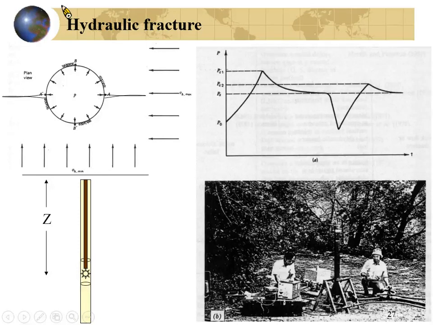What happened? The rock cracked. A fracture occurred. When you have a fracture, the water flows out, so the pressure drops down. So you will have the so-called PC1, one value here.